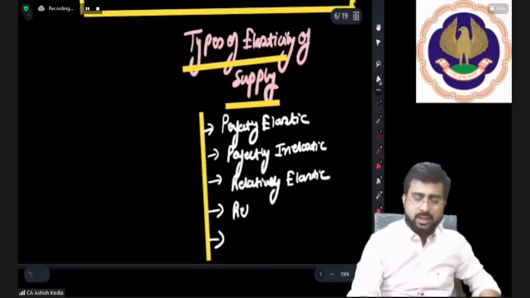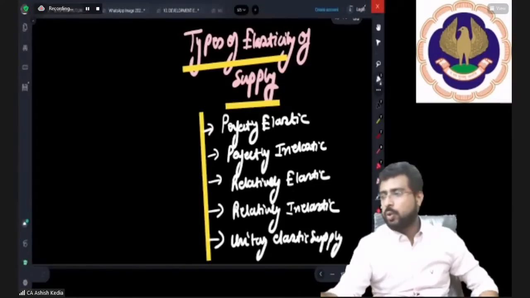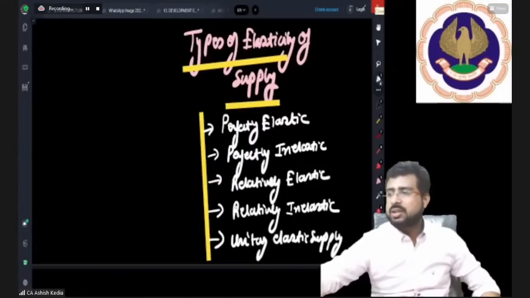Then relatively inelastic supply. Then unitary elastic supply. So this is how you are going to discuss, friends.